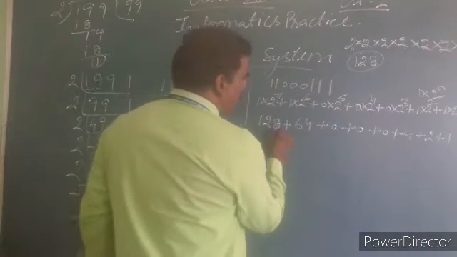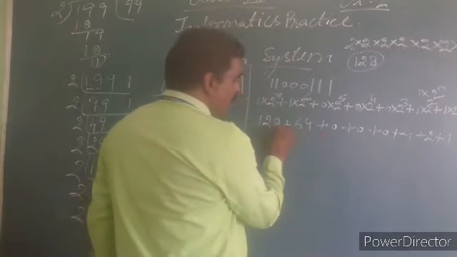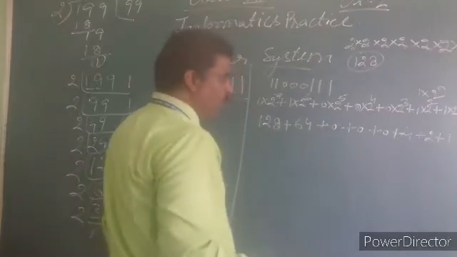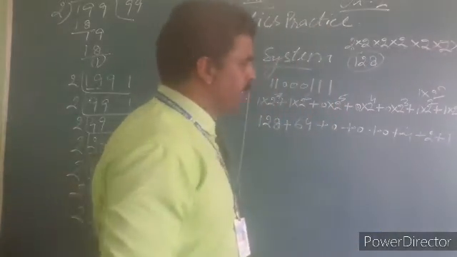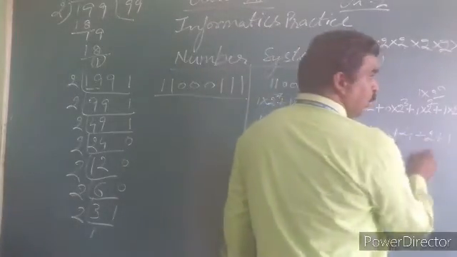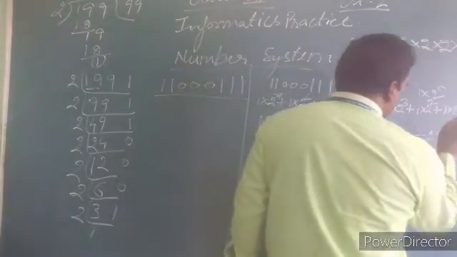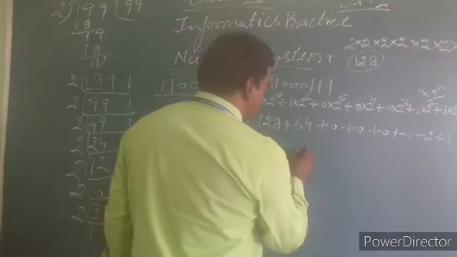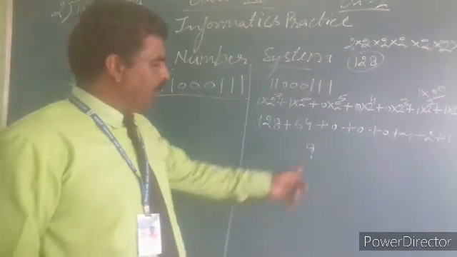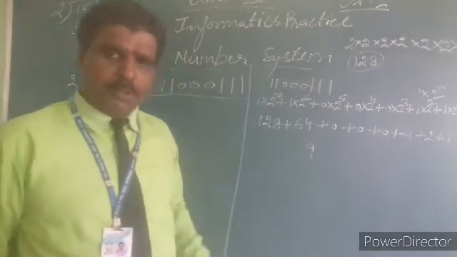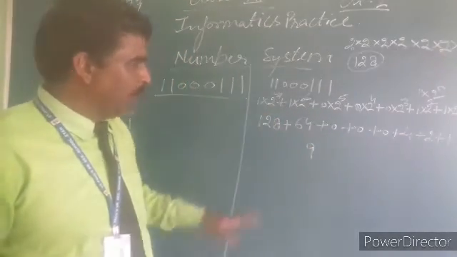Check it. 8 and 4, 12. 12 and 4, 16. 16 and 2, 18. 18 and 1, 19. So here 9 will be written. After that 1 will be carried.